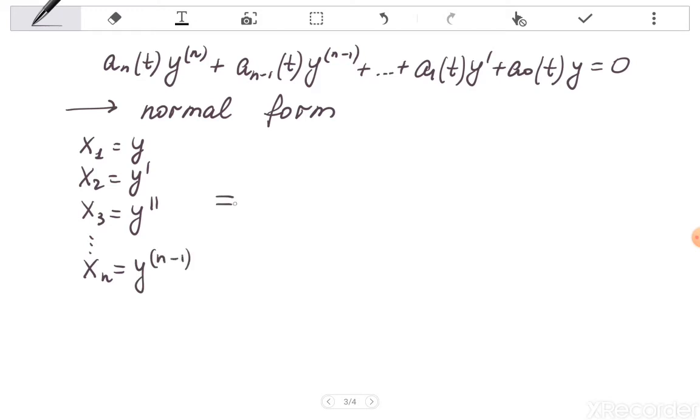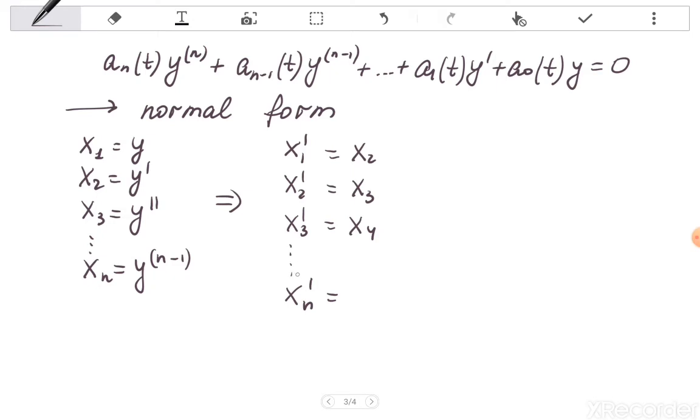And after these notations, what do we have? We have that x1 prime, so on the left hand side we must have these things, right? x1 prime, this is y prime, which is exactly x2, right? x2 prime, y double prime, which is x3. x3 prime, this is the third derivative of y, which is x4, and so on.